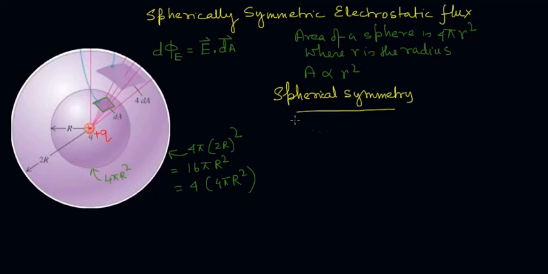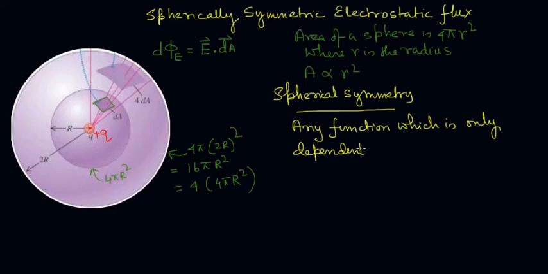Spherical symmetry is defined as anything, any function which is only dependent on R is spherically symmetric, or the R vector also is spherically symmetric. Fine.